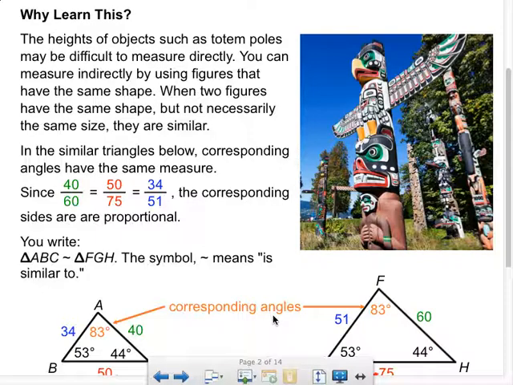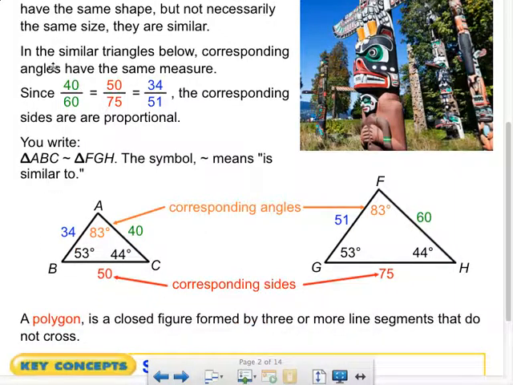In the similar triangles below, corresponding angles have the same measure. You guys take a look at these triangles. I color-coded them. Notice this side and this side, I'm matching them up. They're called corresponding sides.